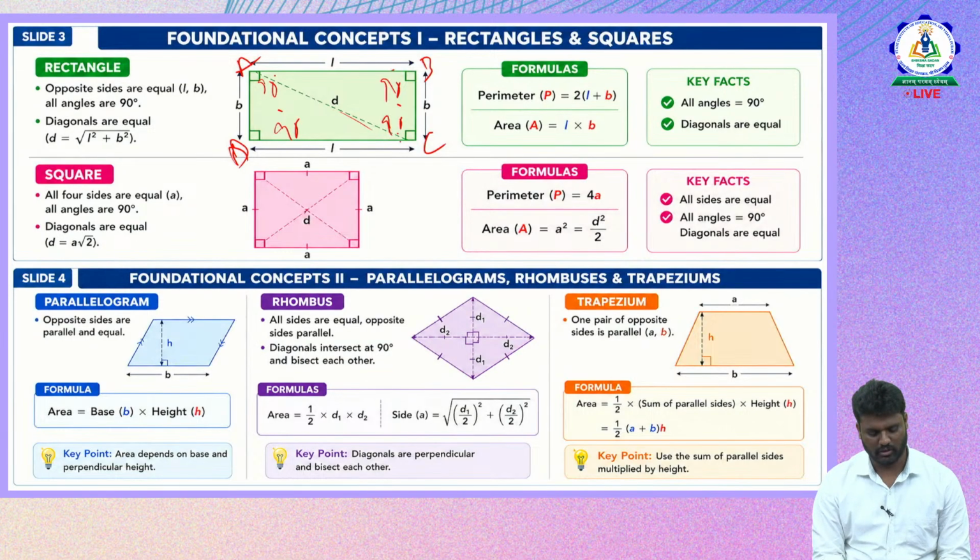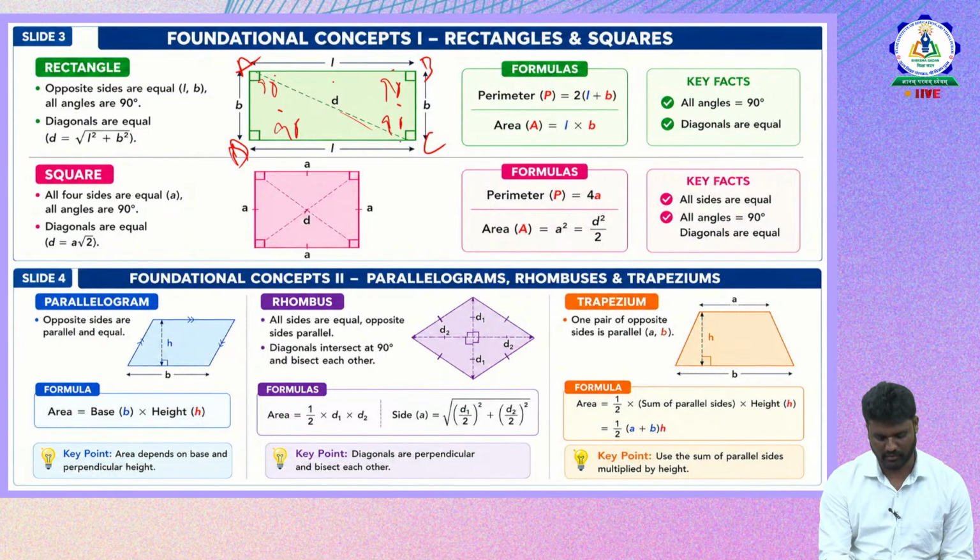So what is the perimeter of the rectangle? The perimeter P is equal to 2 into length plus breadth. And what is the area of the rectangle? A is equal to length into breadth. Whenever a question asks you to identify the perimeter, we apply the formula P is equal to 2 into L plus B, where these are the length of AB and the length of CD.